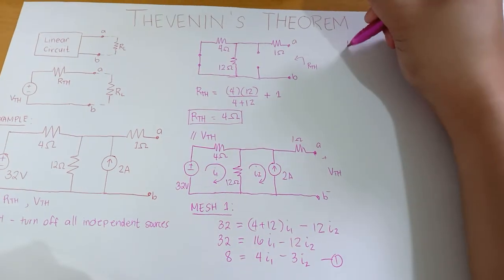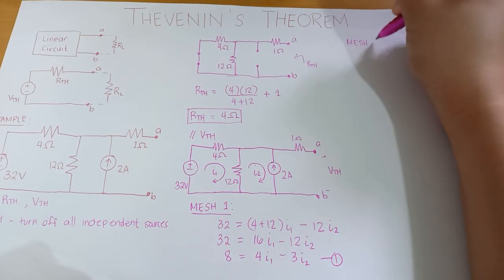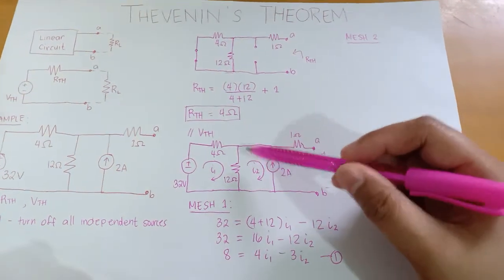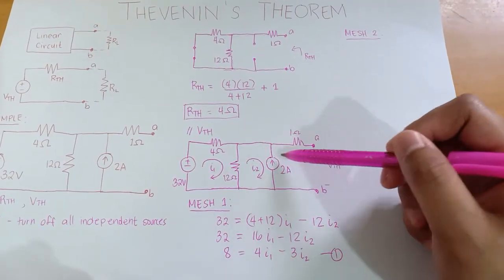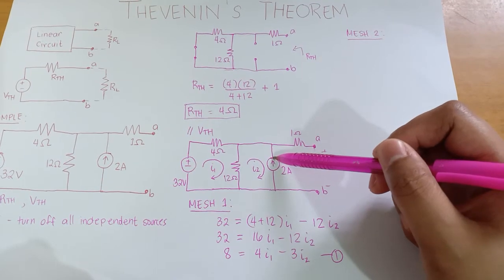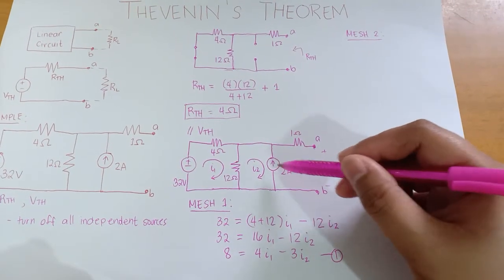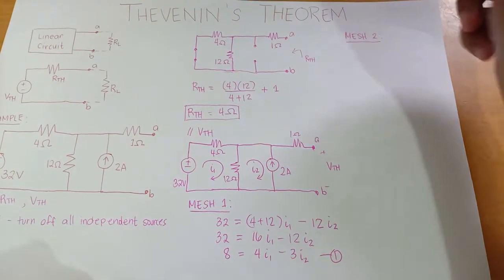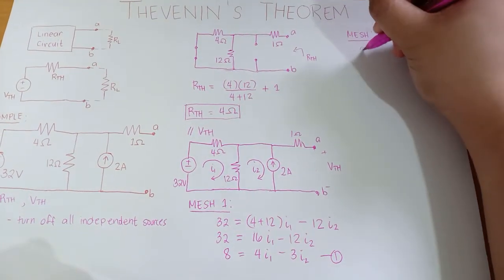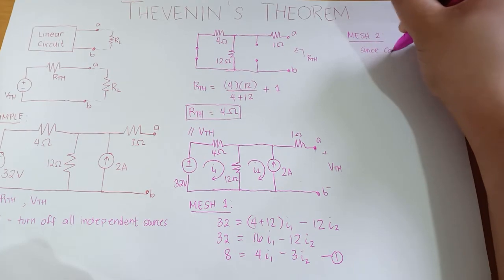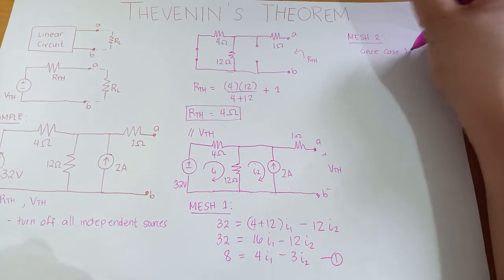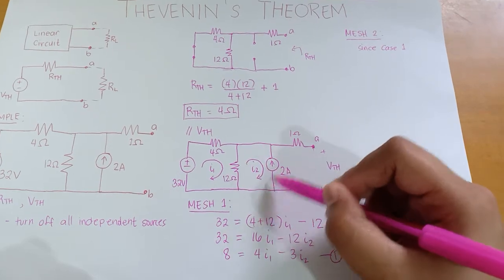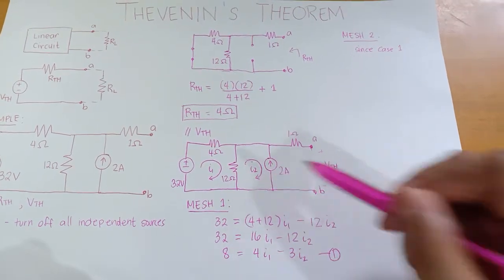So, sa mesh 2, kung makikita nyo, itong mesh 2, diba, meron tayong current source. Kung meron kang current source, magfo-fall yan under case 1. Paano ulit pag case 1? Meron kang current source na tatamaan ay isang mesh lang.